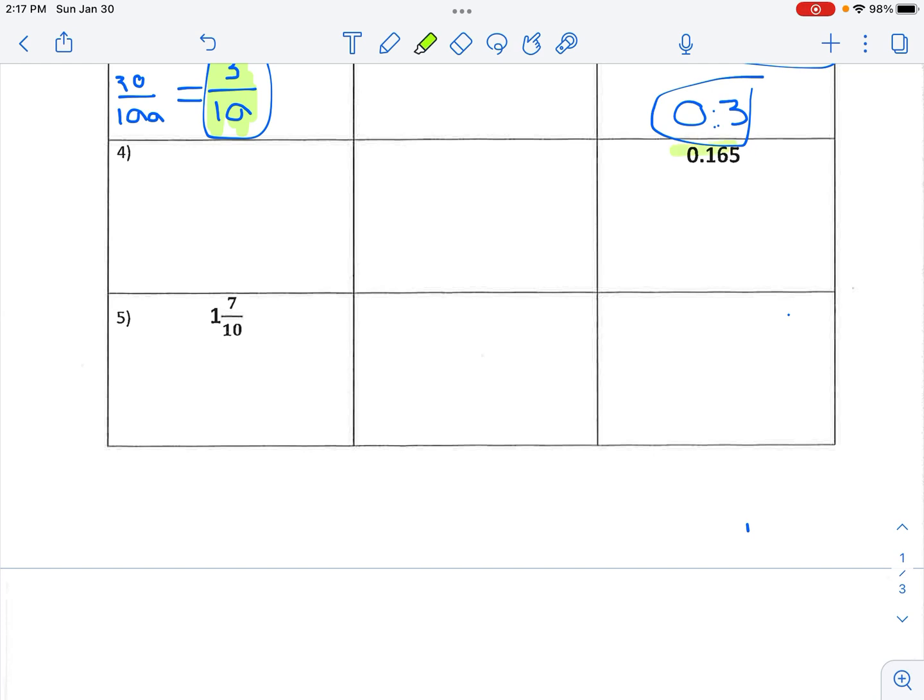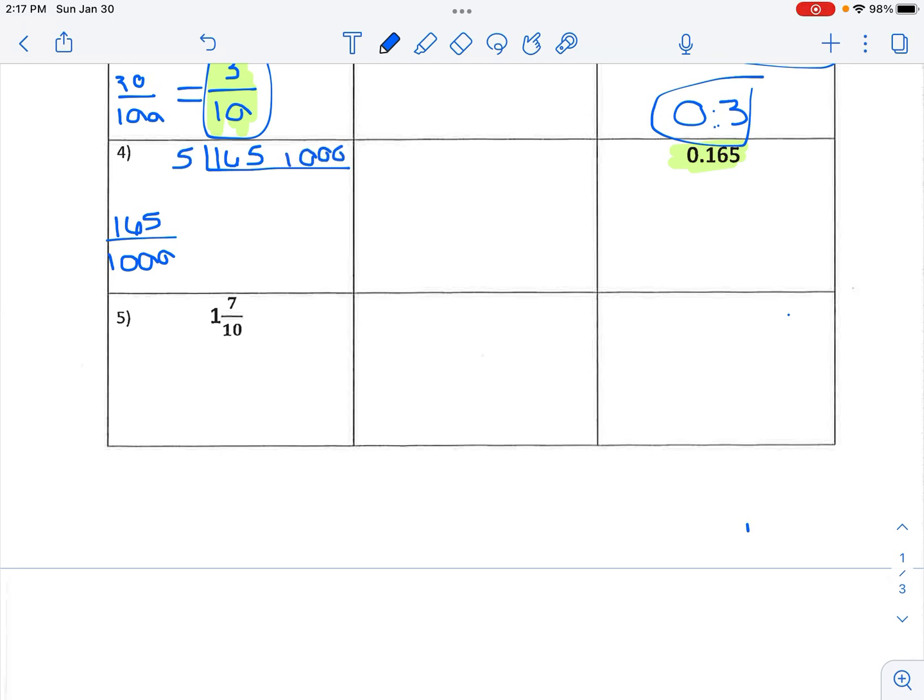Okay, number 4. So here is a 3-digit decimal. 165 thousandths. I'm going to go to my first box, which is my fraction. So I'm going to write the fraction exactly as I read the decimal. 165 thousandths is 165 over 1,000. Now I know all numbers that end with 5s and 0s are divisible by 5.